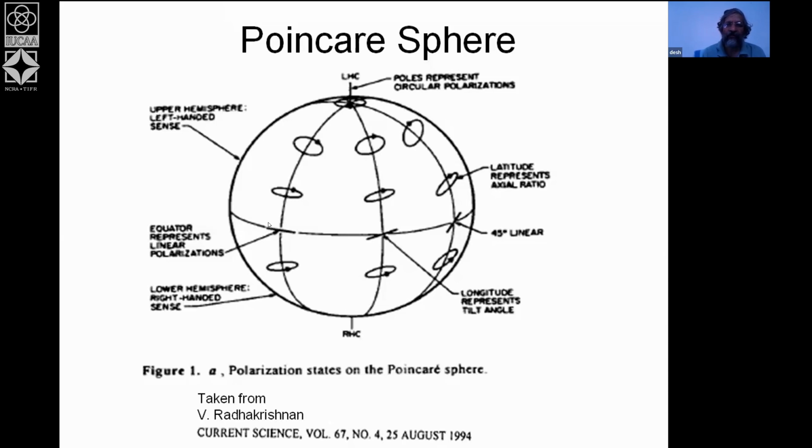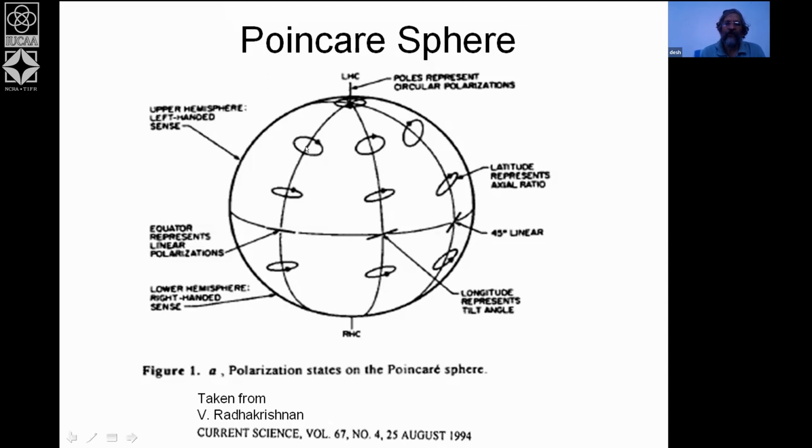That is captured by the fact that the entire circumference of 360 degrees represents the range of 180 degrees. So you will find that horizontal becomes vertical by the time you get to the semicircle on the equator, and then back to horizontal over the next semicircular track. So the position angle times 2 is the Poincaré sphere longitude.